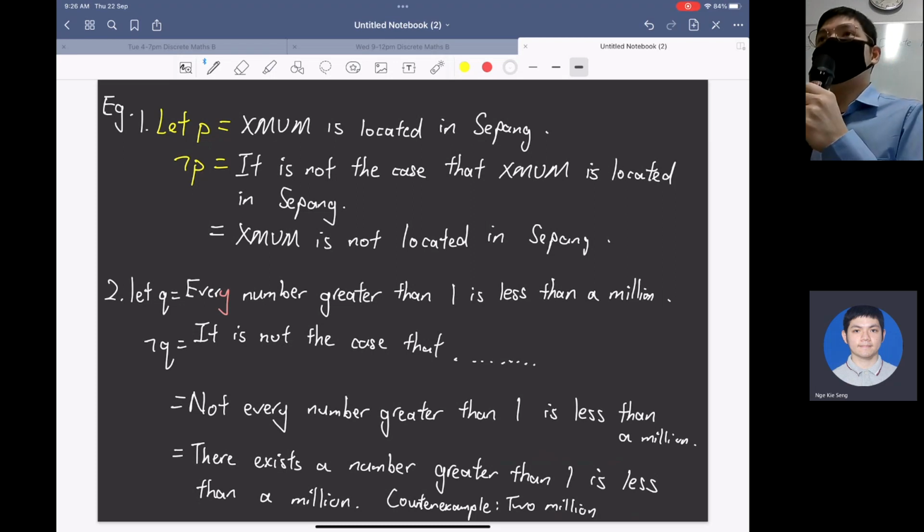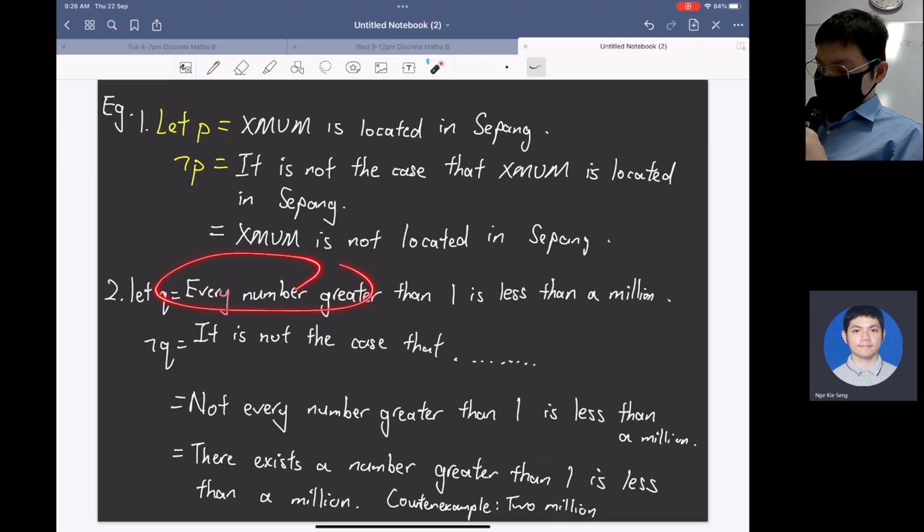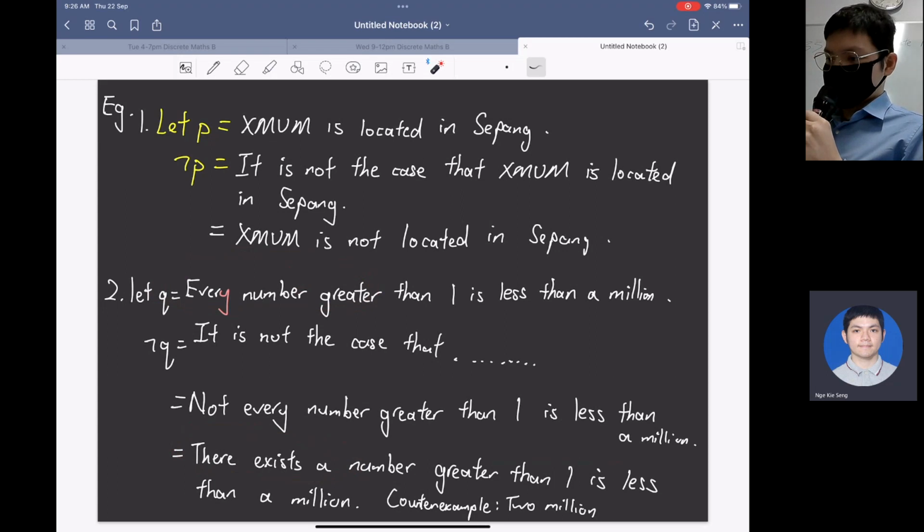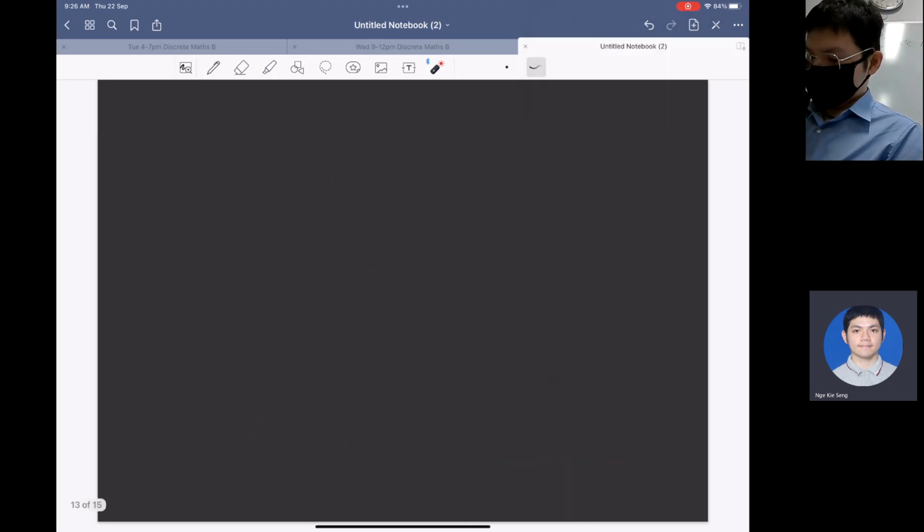Okay, any question? So this "every" and "there exists" are called quantifiers, which we will touch on again later.